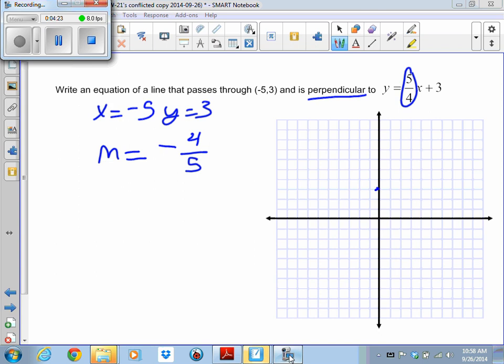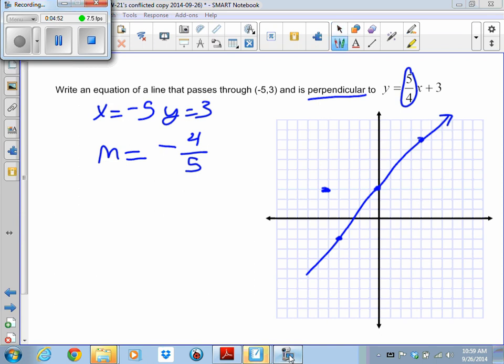We go up 1, 2, and here is my line. Now we want a line perpendicular to it that goes through (-5, 3).